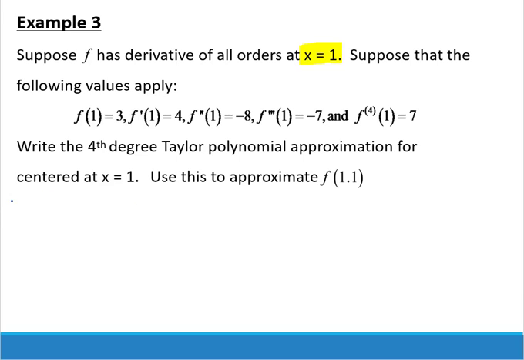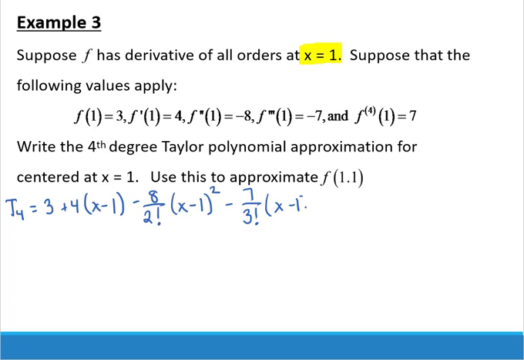Again, don't worry about simplifying that, because remember, if you simplify and you make a mistake, they're not going to give you credit. Now from here, all it is is plugging in 1.1 for all your x values.